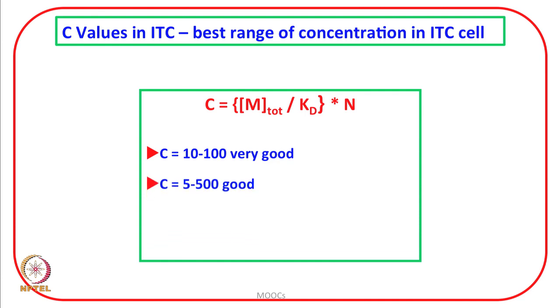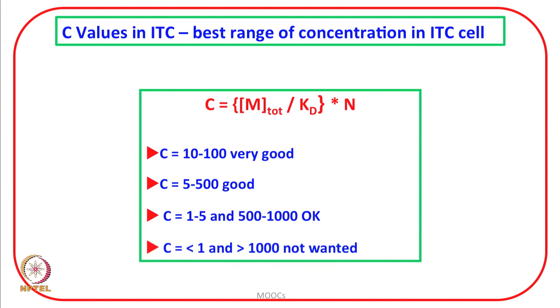A C value between 5 to 500 is okay, can fall into the category of good. A C value between 1 to 5 and 500 to 1000 is okay, not very good, but okay.